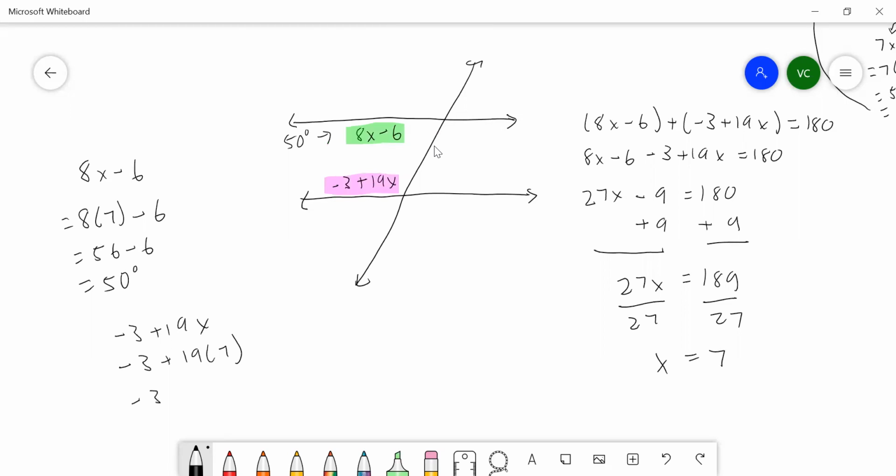So we got negative 3 plus 133 equals 130 degrees. And so this is 130 degrees. And to check, look at these two. 130 plus 50 is equal to 180. So we're correct.